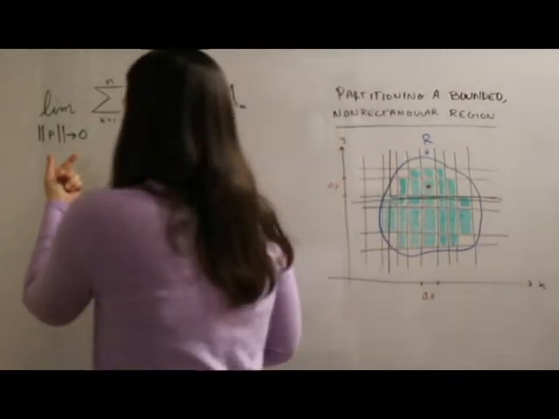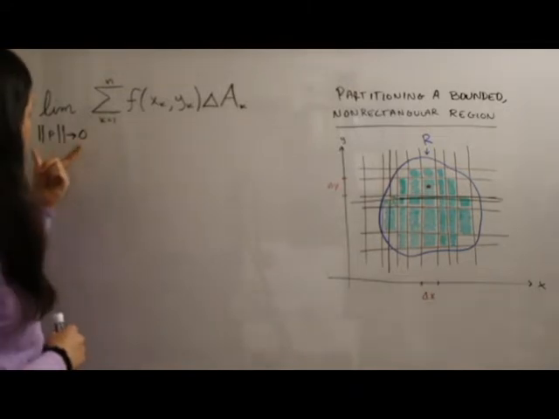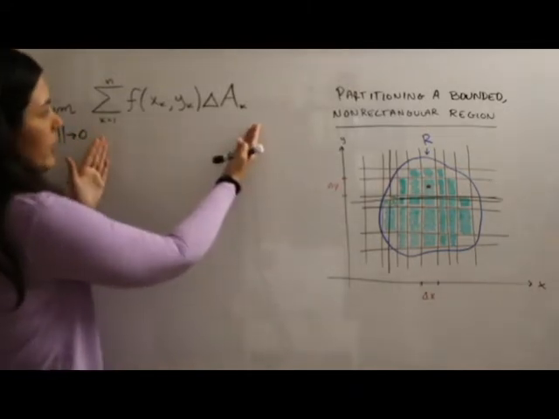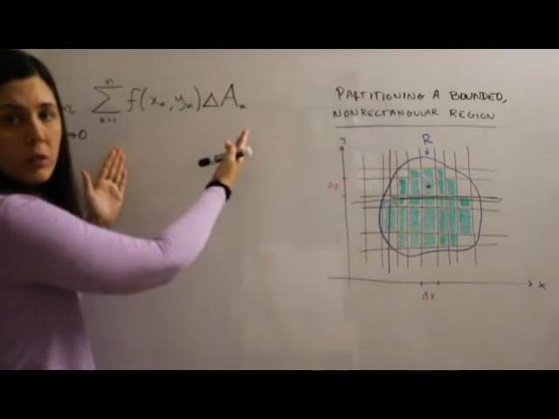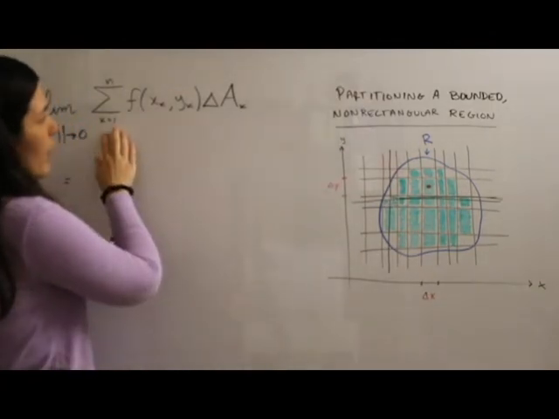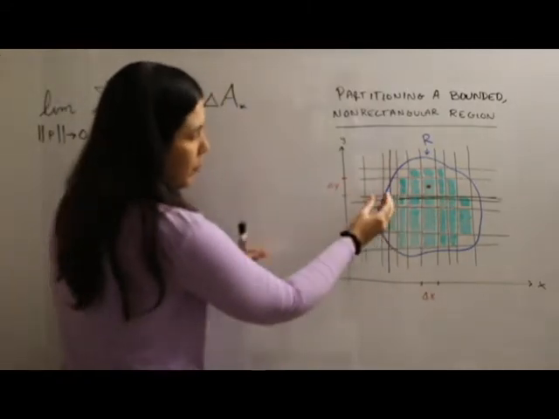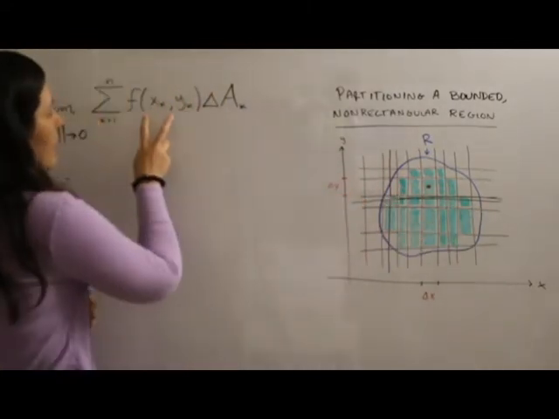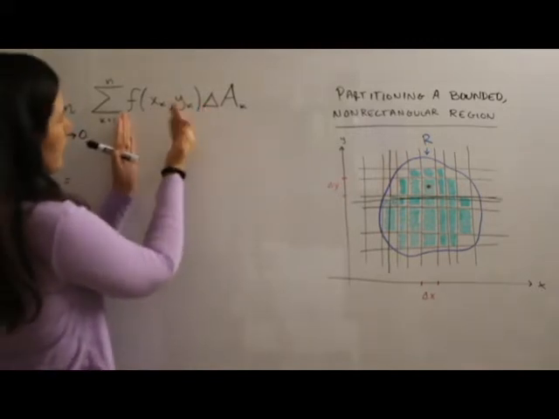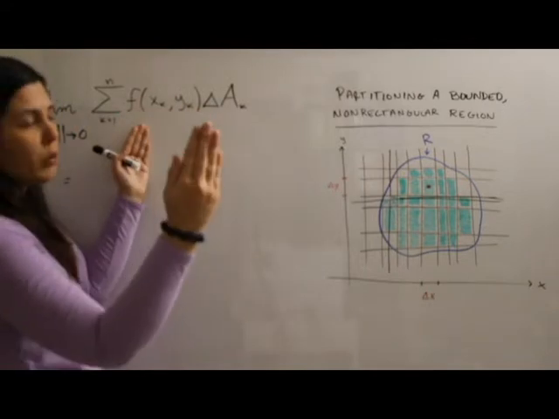As this norm gets small, the largest width or length of any of these rectangles, then this is actually our double integral, okay? And this is the volume. The sum of all of the little volumes of the rectangular prisms that would pop out of the board here. This is our height, the f of x sub k, y sub k value, popping out of the board.